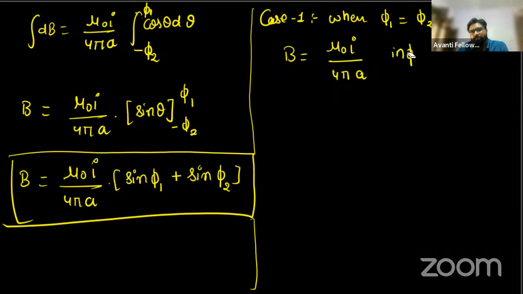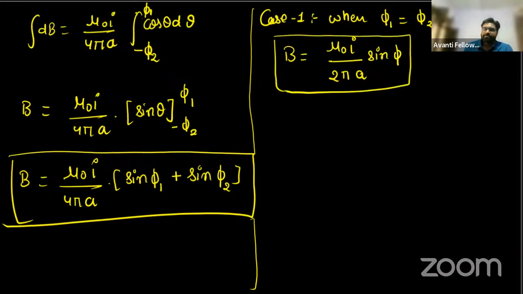We can cancel out this 2 with this 4, so it becomes mu naught I over 2 pi A sine phi. These are very helpful formulas in competitive examinations.